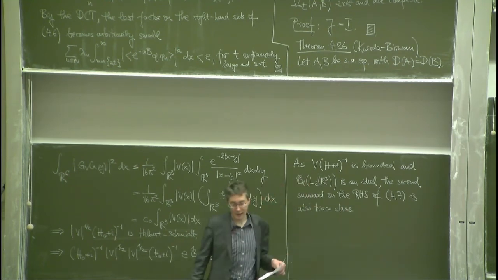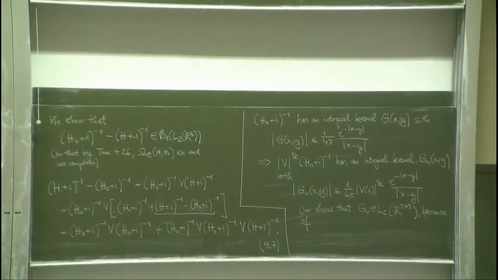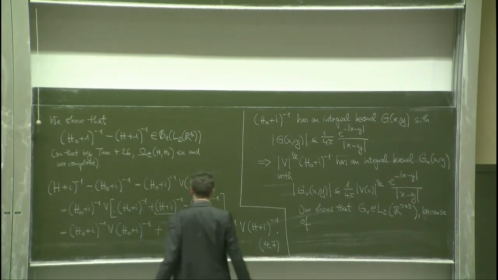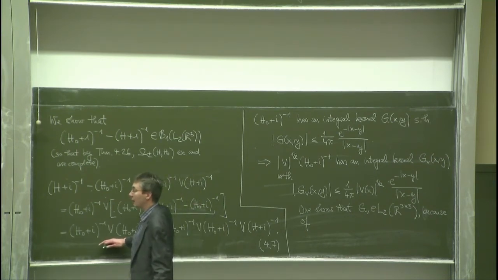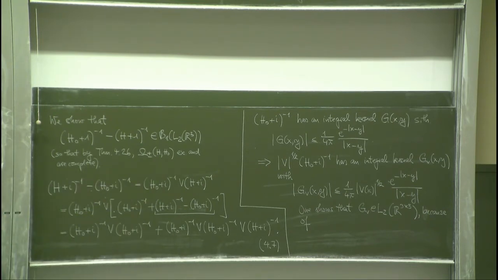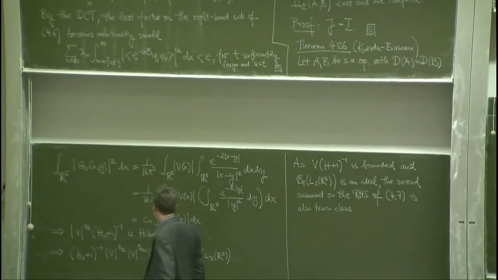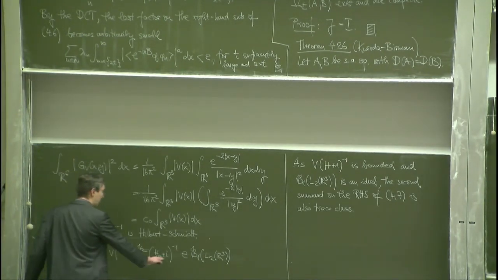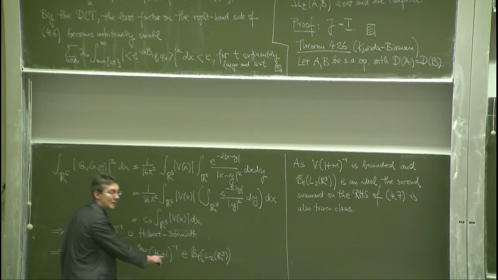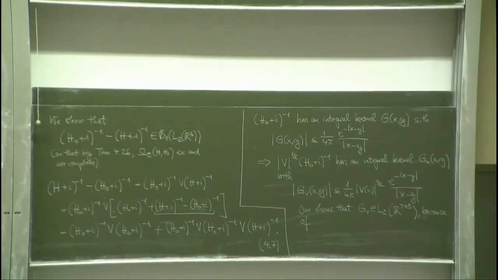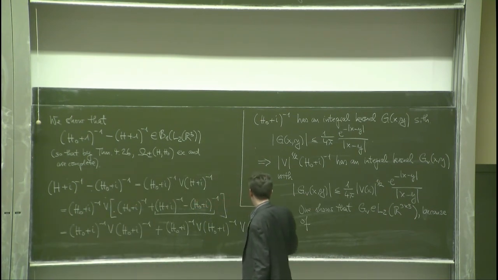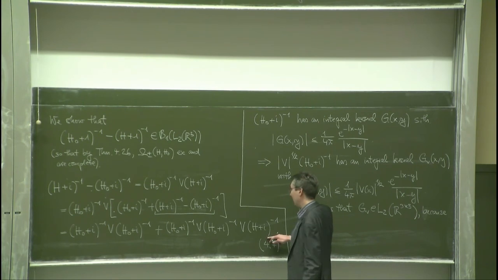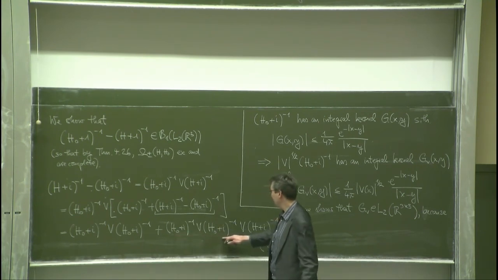Let's look back to the other blackboard to understand this. First of all, we had discussed this term here. This is exactly this term here. And we found out that this is a trace class operator. This is the first term here. So here it's clear that this object is trace class, and then I said that this operator here is bounded, and we know this operator here is a trace class operator.